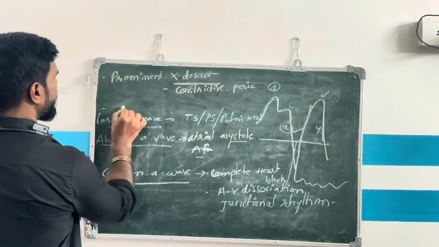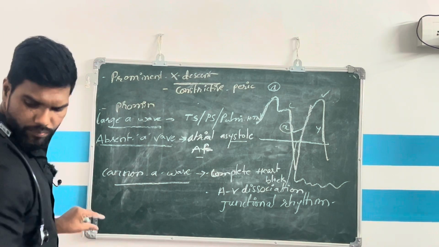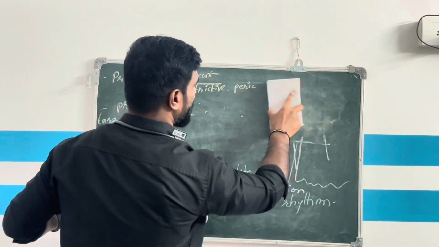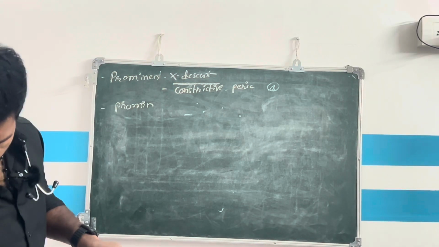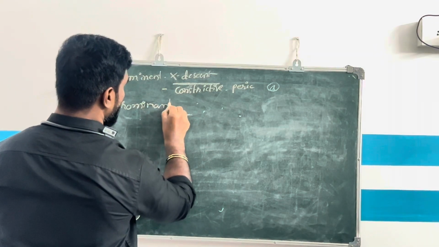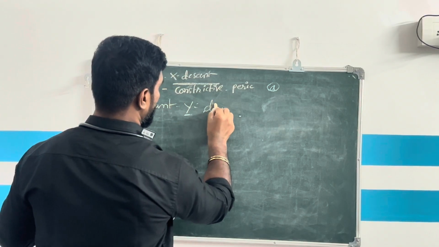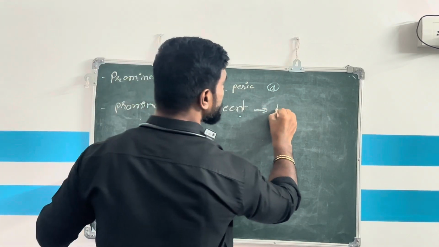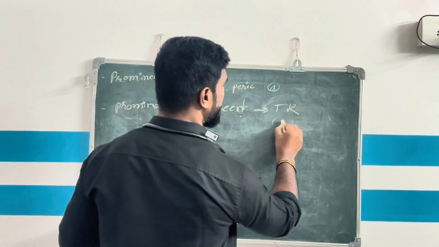The prominent Y descent is present in tricuspid regurgitation or cardiac tamponade.